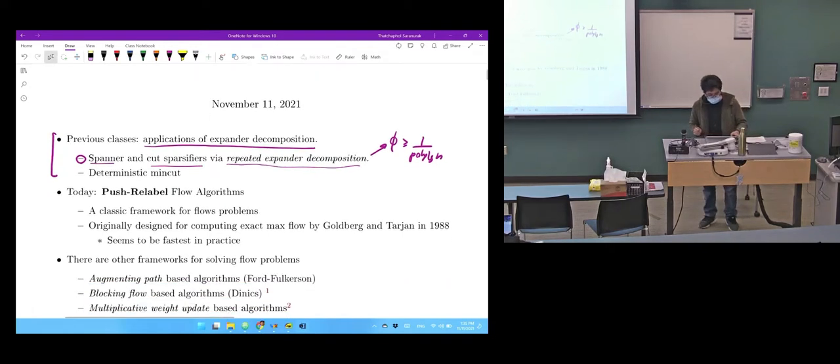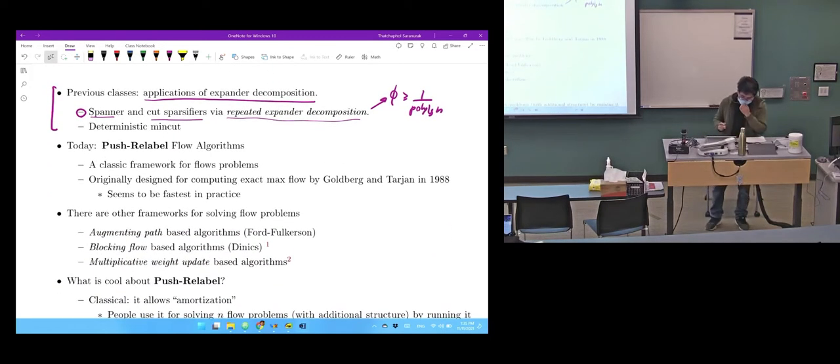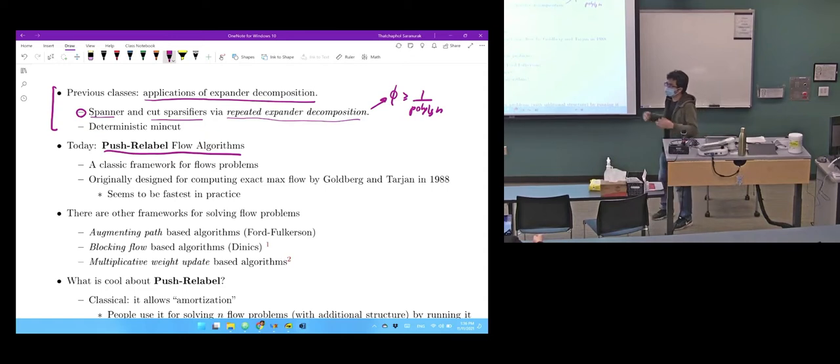Okay. So today it's going to be something quite new and quite different from the things that we have seen in class. It is the push-relabel flow algorithm. This is a framework for solving flow problems. Many things based on flow can be solved using this framework.